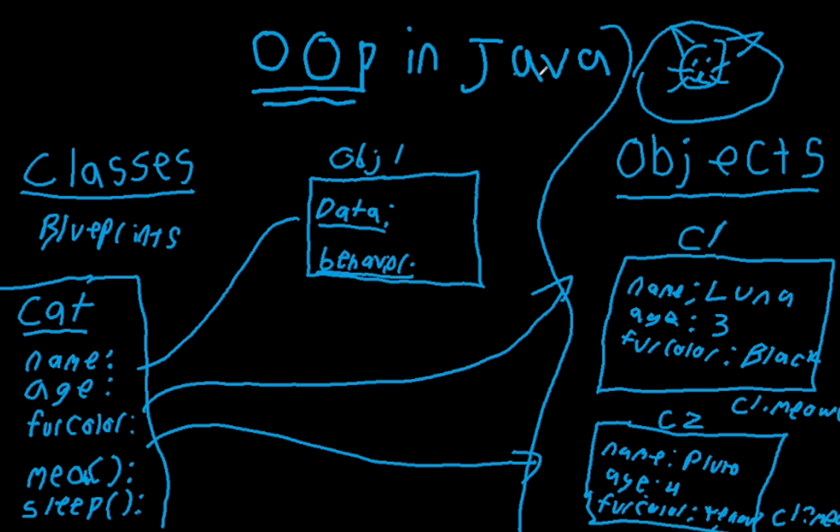So this was just a quick overview of what classes and objects are. We're going to get straight into the implementation inside of Eclipse, but I just wanted to give you a quick conceptual overview of what classes and objects are in Java. All right, so let's get straight into the implementation.